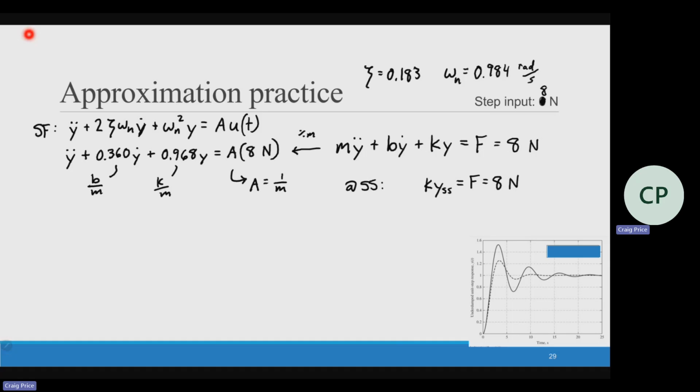So DC gain is just basically 1 over k. We know that y steady state from the graph is just equal to 1. That was in meters. So if this is 1, that means that k is equal to 8 newtons per meter.